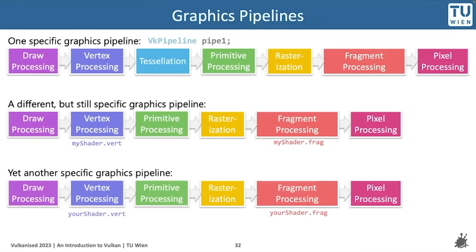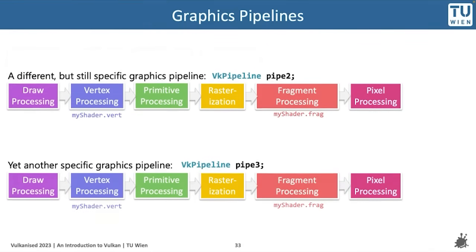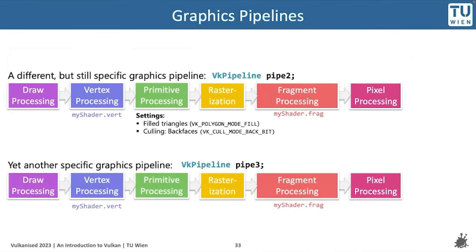And even more, it also depends on the settings that we use to build the pipeline. For instance, if we want to have one pipeline that draws filled triangles and we also want to draw lines, then we need to create 2 different pipelines, one for the filled triangles and one for the lines. The same applies for culling. If we want to have backface culling or front face culling, we also need to create separate pipelines.